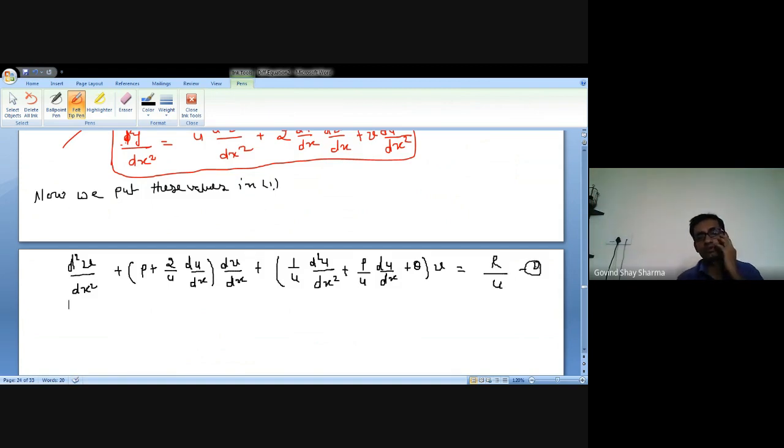With the substitution of these values of dy upon dx and d2y dx2, we get this equation.